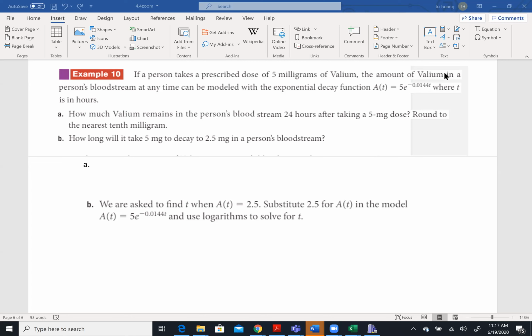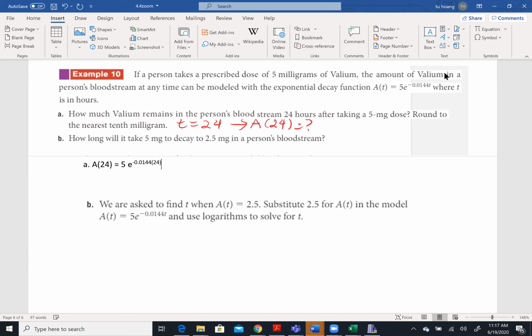So what does that mean? That means t equal to 24. And you are looking for A at 24. So A at t equals 24 is going to be equal to 5 times e to the power negative 0.0144 times t, which is 24.